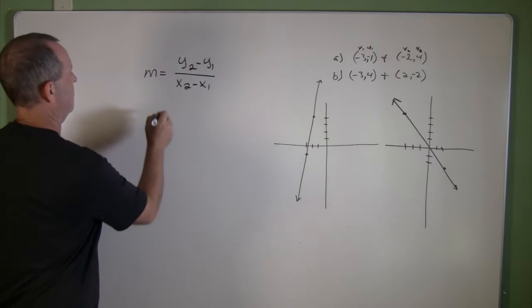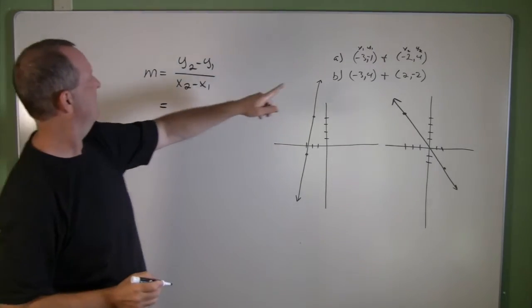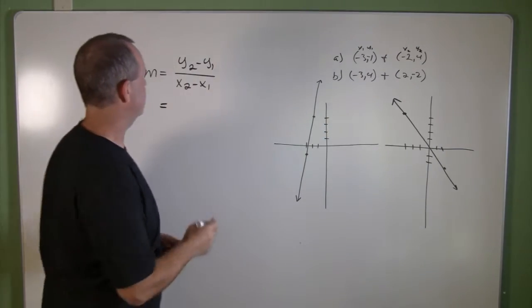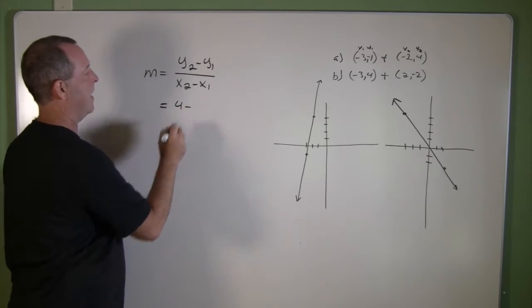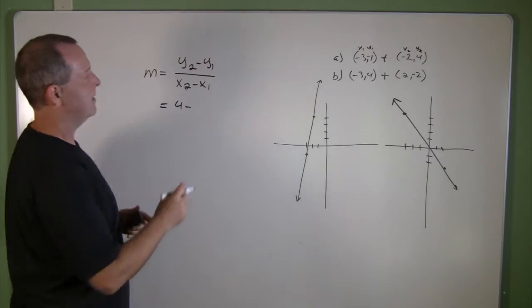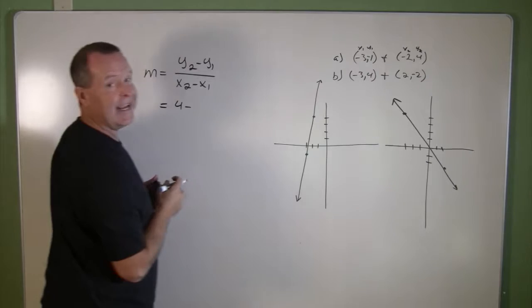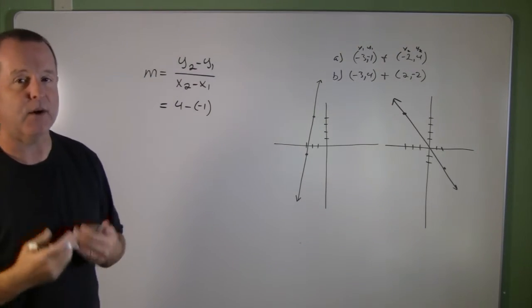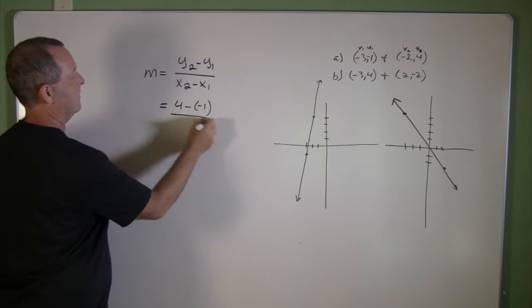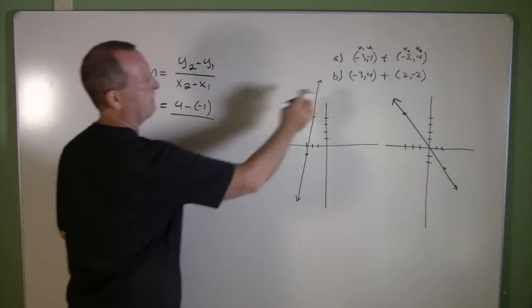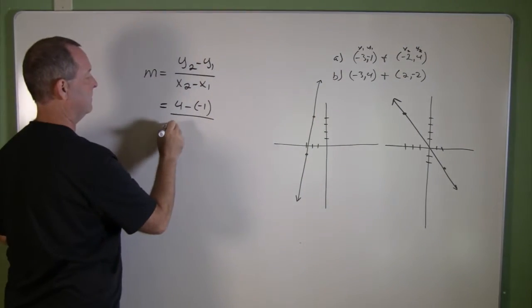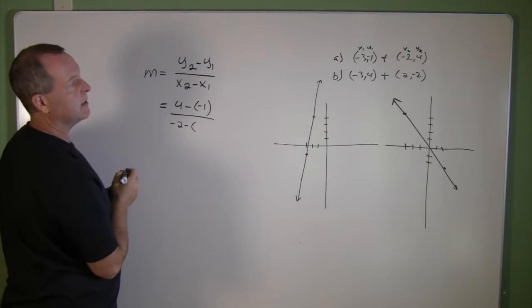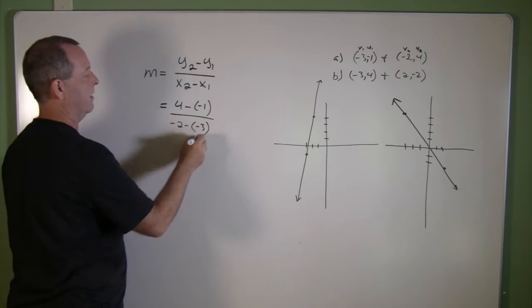So y2 is 4, that's how I designate it, minus my y1. Now notice my y1 is a -1, so I want to make sure that I keep that negative involved. x2 is a -2 minus my x1, which is a -3.